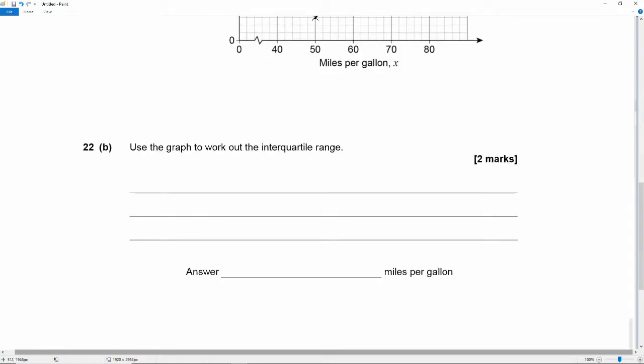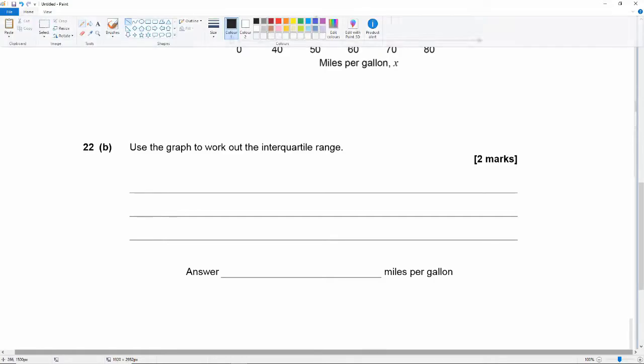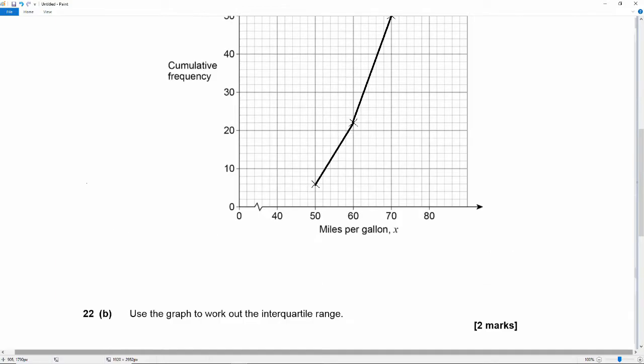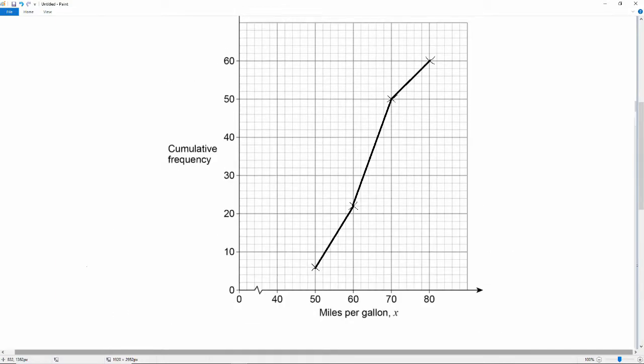Okay, and part B says use the graph to work out the interquartile range. Okay, so our graph goes up to 60, so the median is going to be at 30, which we can say is quartile 2.